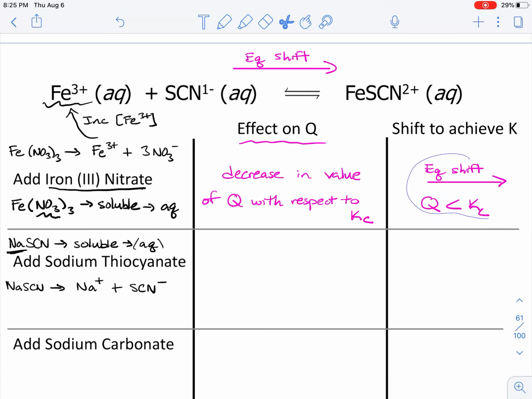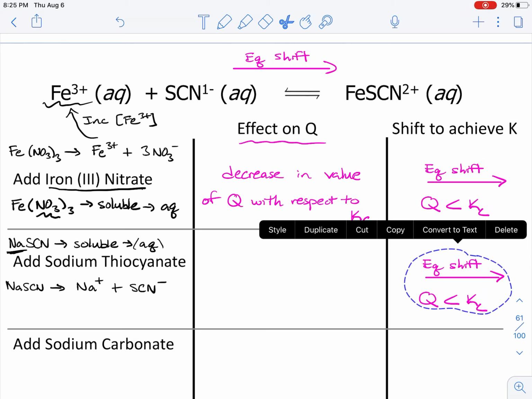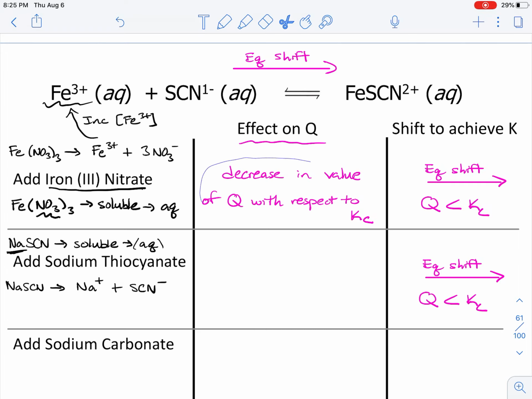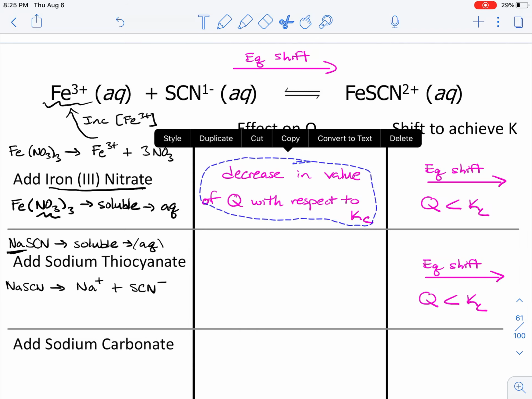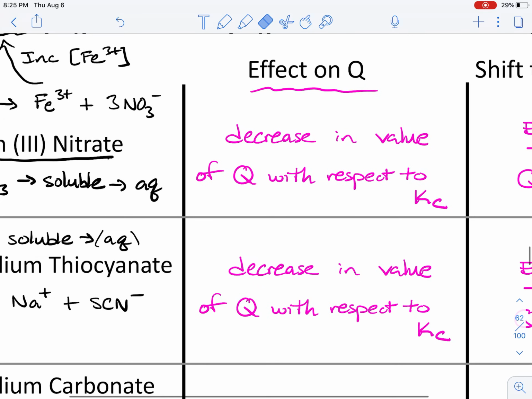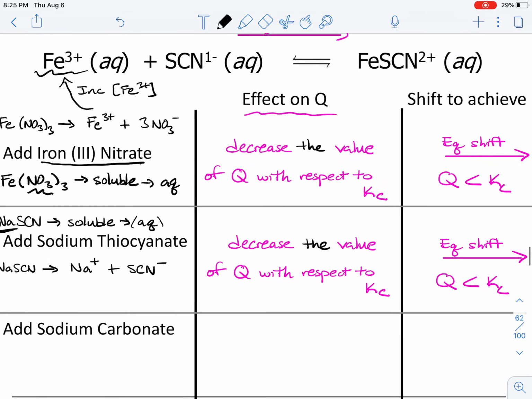So if we shift the equilibrium to the right, then we know that the equilibrium constant Kc is going to be greater than Q. So therefore, the addition of reactant is going to decrease the value of Q with respect to Kc.